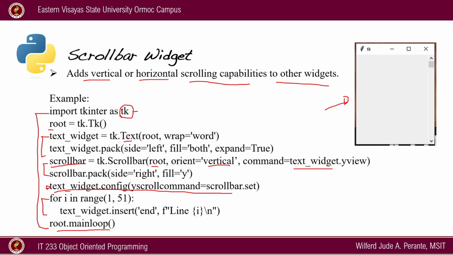And on the last statement, this is to run the main loop of our window. So the output will be like this if we're going to run our code.